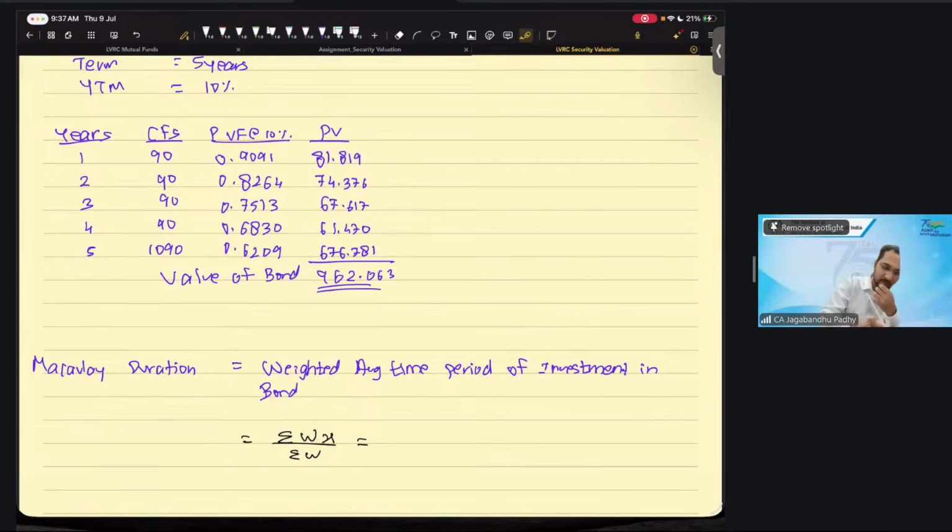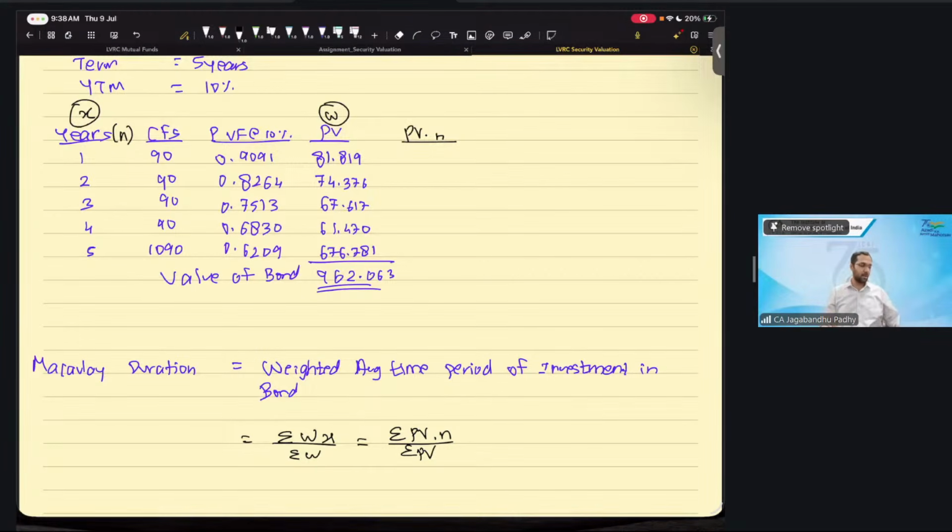Well, x is the number of years and weights is the present value. So we take n into PV as the numerator, which is summation of n into PV, and the denominator will be summation of PV.